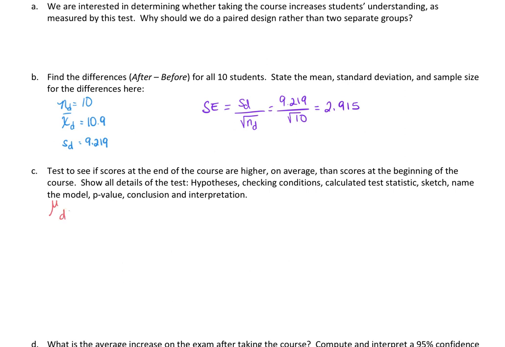So mu sub d is going to represent the mean increase on a student's score after taking an intro stats class, an introductory statistics course.